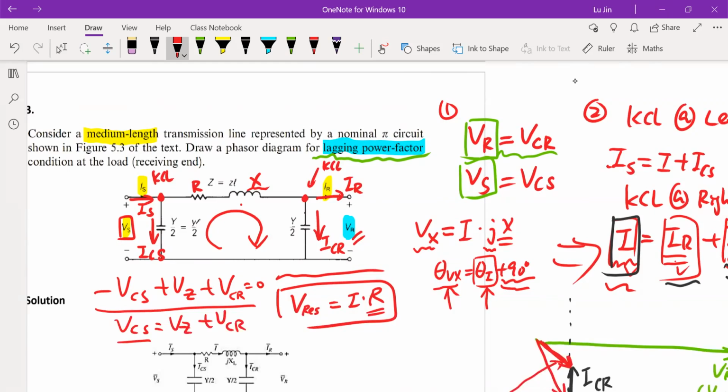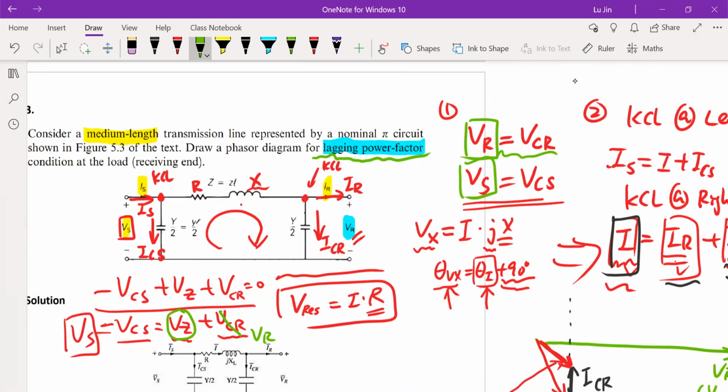But this VCS, as I mentioned, is equal to VS. To determine the VS vector, you have to find the voltage across the impedance and the voltage of the capacitor on the receiving side. This VCR, we have done that. The VCR is equal to VR. So that's okay. So now what I'm going to do is determine the VZ.